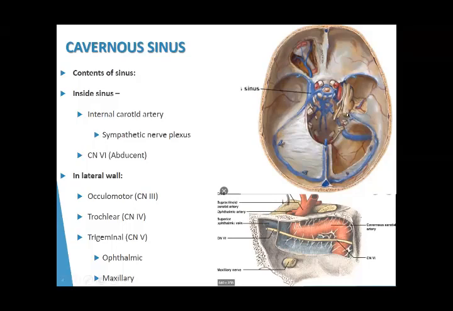Next we have this very thin nerve, fourth cranial nerve, which is trochlear, and then comes this very thick cranial nerve, the thickest of all, trigeminal.